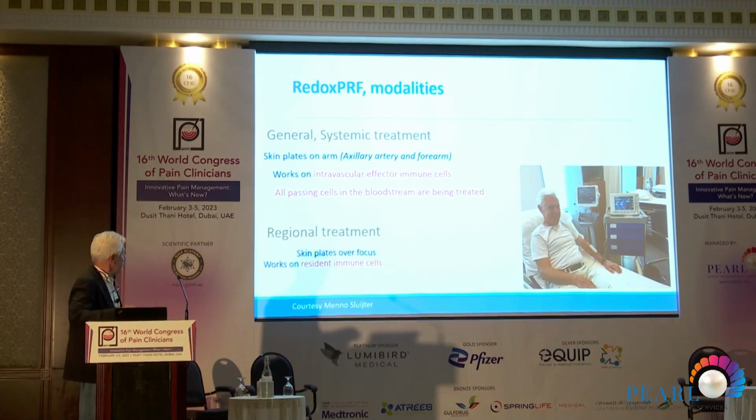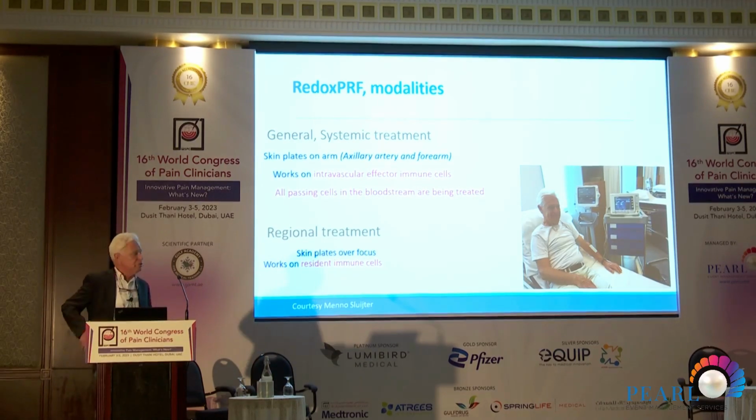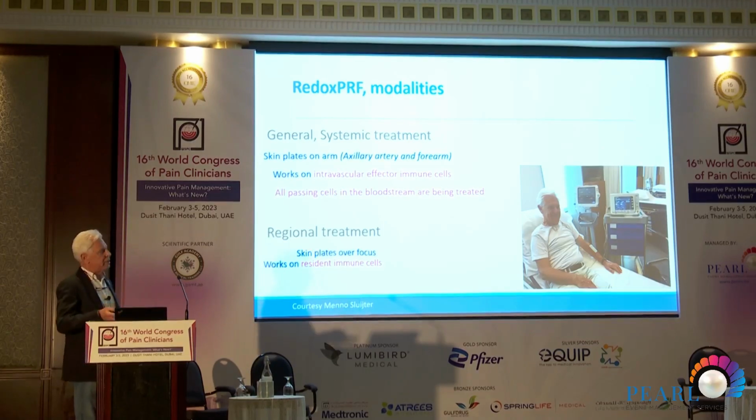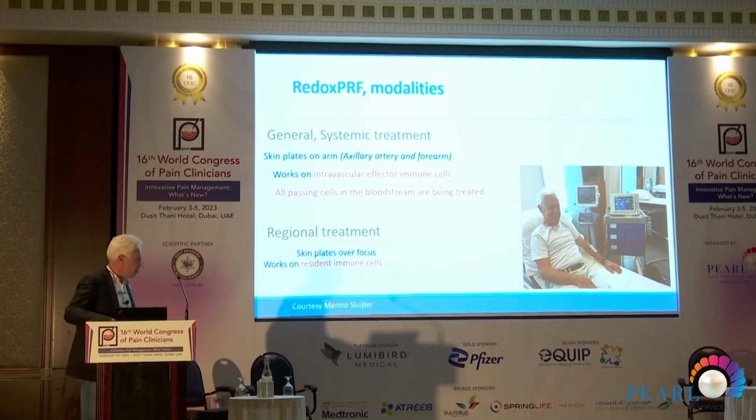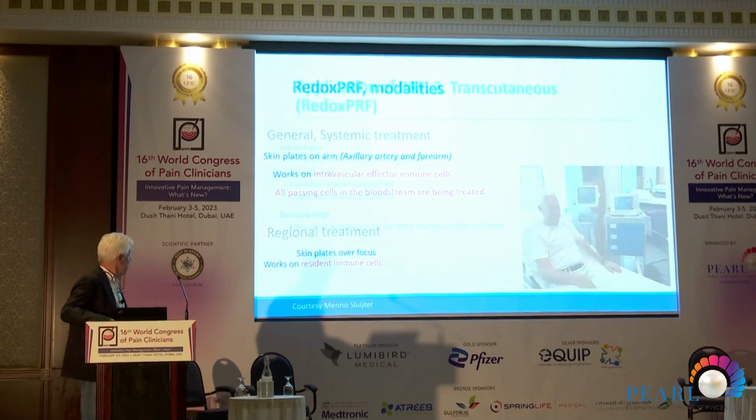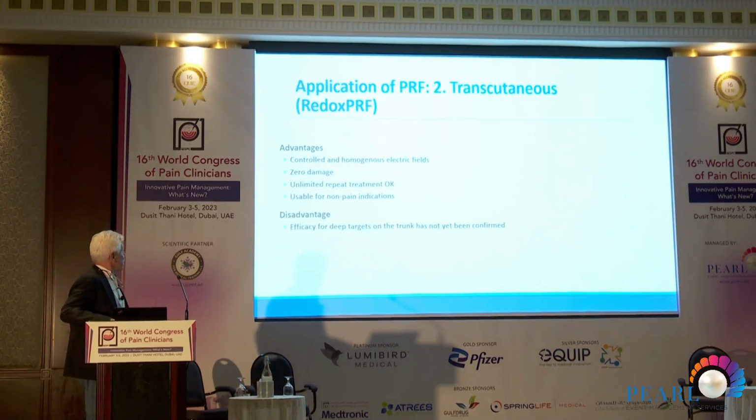The other way of doing it is the regional treatment, where you place the electrode plates over the tissue you want to treat. There are several plates with several sizes, and we are busy investigating this.